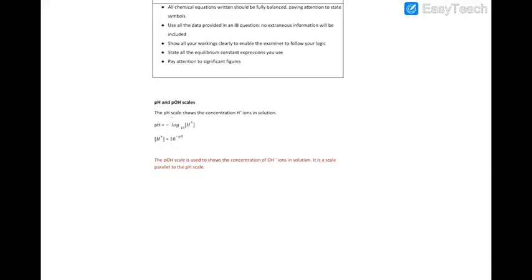Now, just like you have a pH scale, which shows the concentration of H plus ions in solution, we also have a pOH scale. And the pOH scale will show the OH minus concentration in solution.